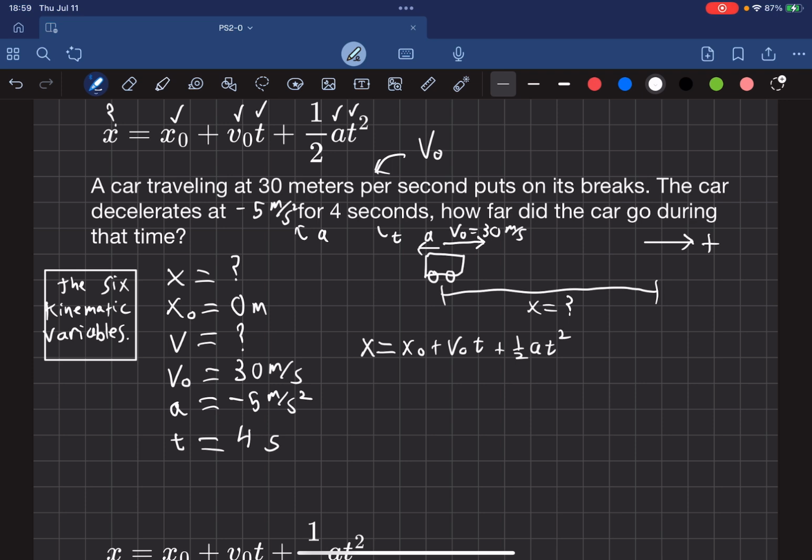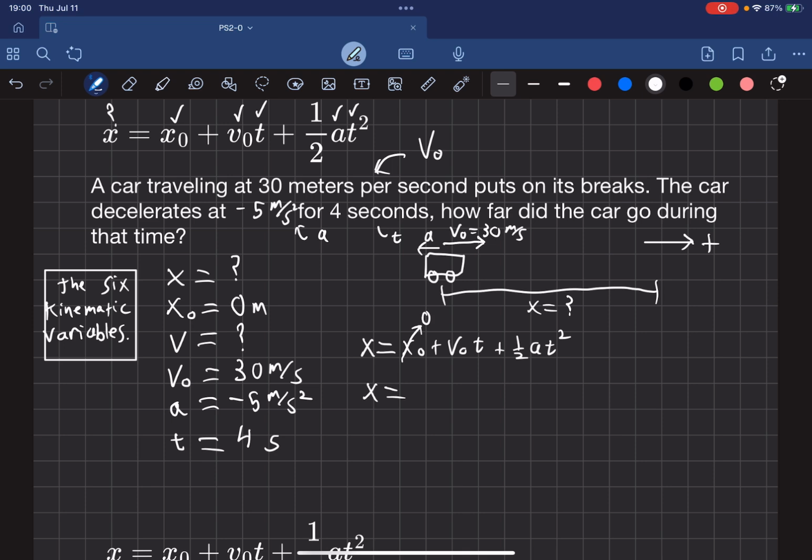The next step would have been to rearrange that equation. But lucky for us, it's already solving for the variable that we are looking for. So we don't need to rearrange anything. Finally, we're going to plug some stuff in. So the initial position is 0. So that simplifies some things.